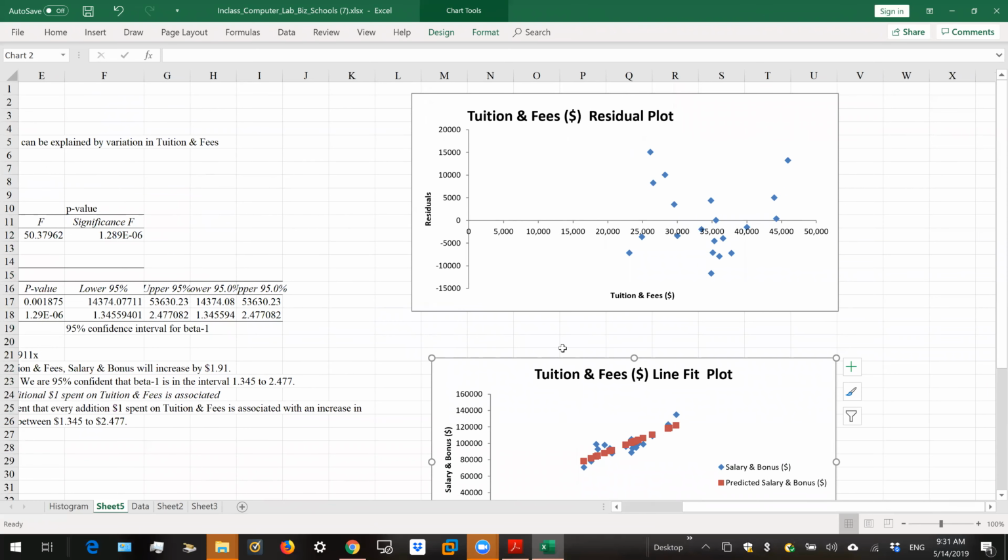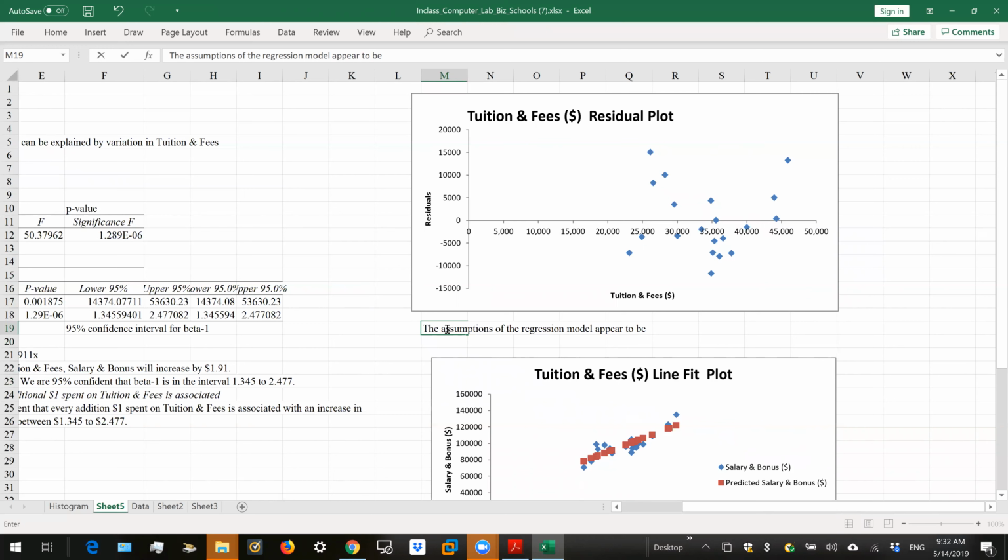The reason we look at the residual plot is we want to see whether it has a nice distribution. And in this case, it looks kind of like it might have kind of a U-shaped distribution, which is not ideal. So we could say something like the assumptions of the regression model appear to be fairly well applied, I guess.